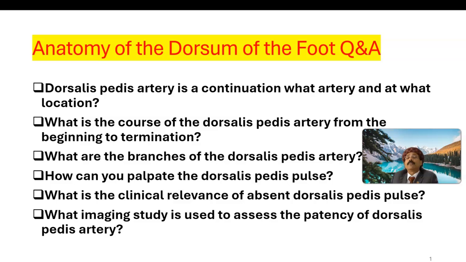Dorsalis pedis pulse may be absent as a complication of atherosclerotic diseases like long-standing hypertension, hypercholesterolemia, also in diabetes mellitus, that may lead to peripheral vascular disease and occlusion of the blood vessels. But dorsalis pedis artery may also be absent if there is any congenital anomaly, the non-development of the dorsalis pedis artery.